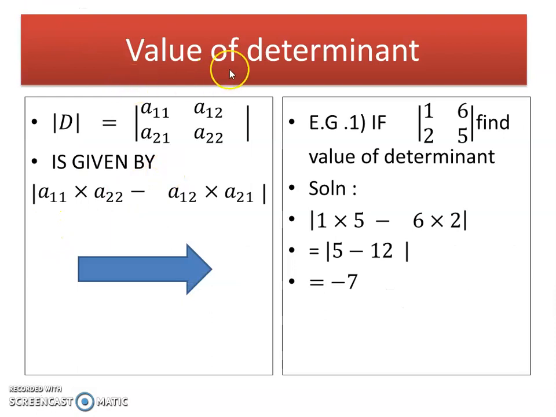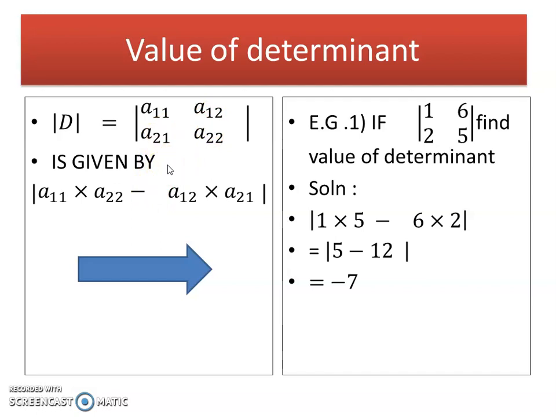In detail, we study the value of a determinant using our usual notation. Determinant D is equal to the matrix with A11, A12, A21 and A22, and is defined by the same trick: the diagonal element multiplication first, that is A11 A22 minus A12 into A21.